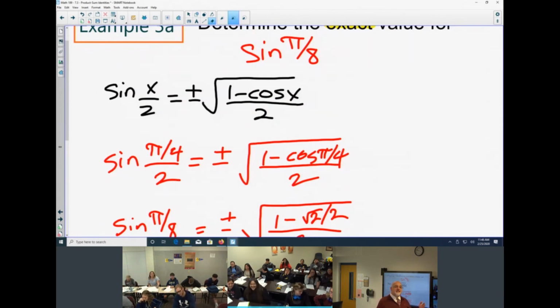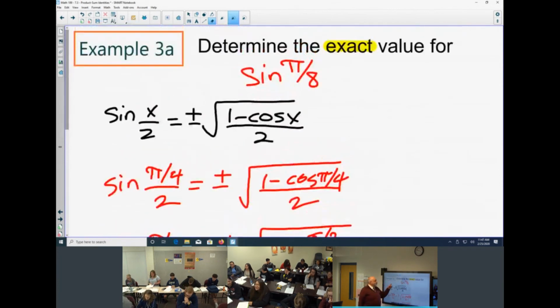It's determined by the quadrant. Pi/8 is in quadrant 1. The sine is positive in quadrant 1. Okay? All right, good. Okay, so now go ahead and try practice 3A. See if you can find the exact value of the cosine of pi/8.